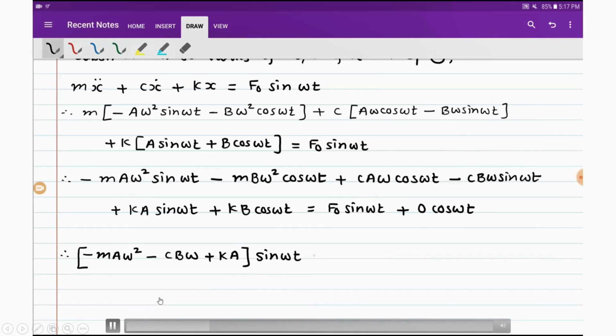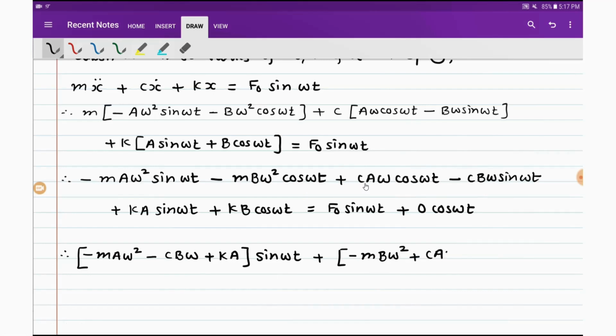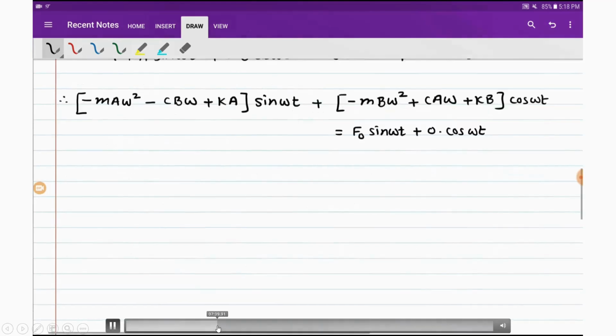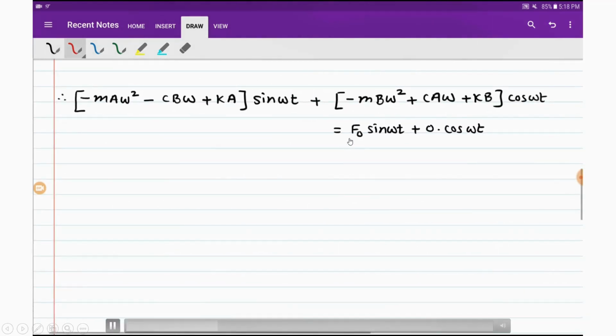The remaining terms are minus m b omega square plus c a omega plus k b, and from these three terms, we can take cos omega t common. And that is equal to f0 sine omega t plus 0 multiplied by cos omega t.